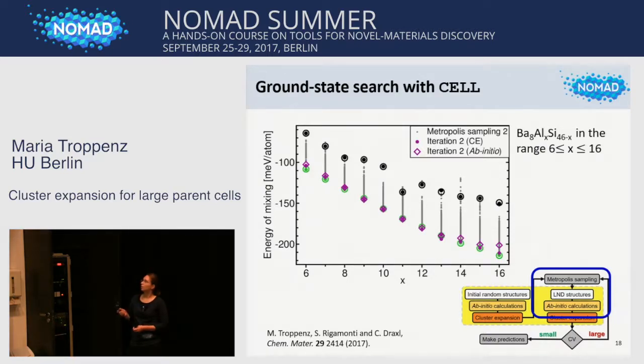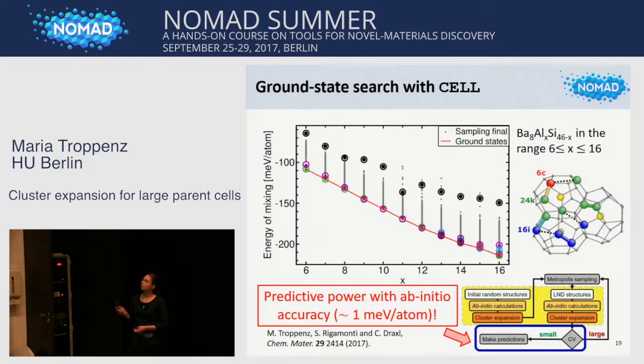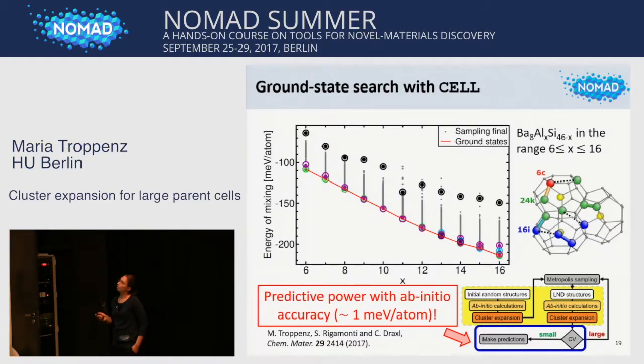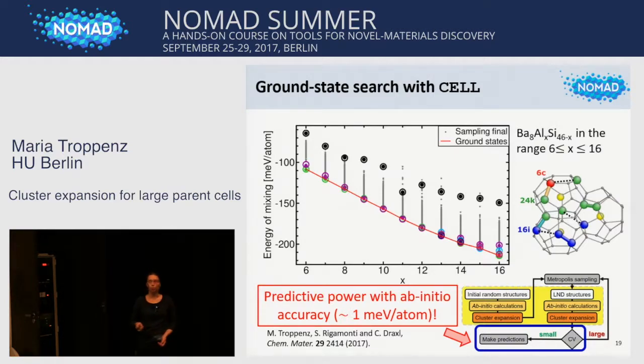This iterative procedure we continue until we find a good cluster expansion for the full composition range, and we find for each composition the ground state configuration. And we obtain, in the case of the clathrate compound, high predictive power with ab initio accuracy, which is about 1 meV per atom.